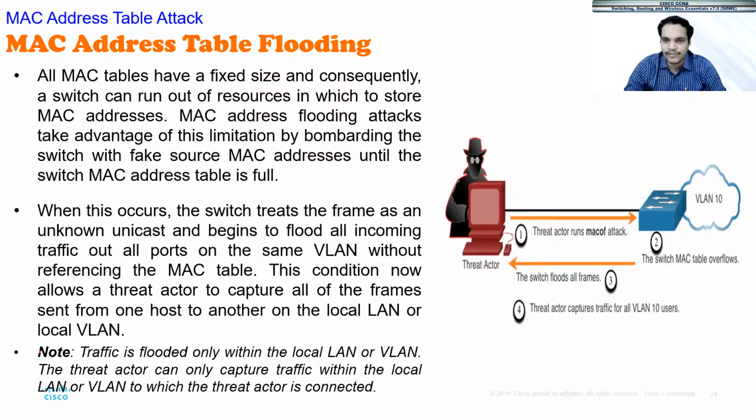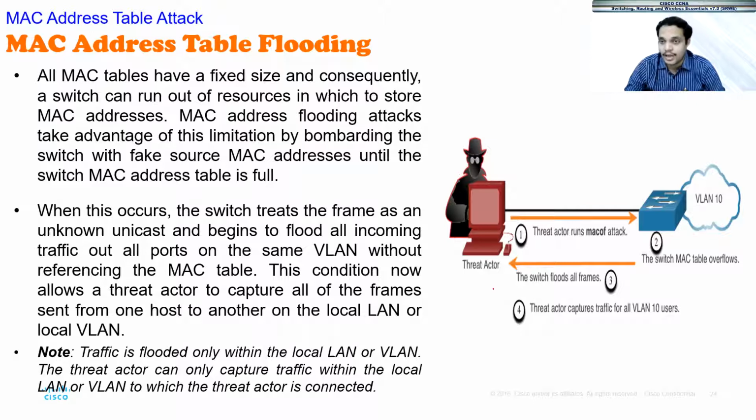Now, how is this beneficial to an attacker? This is the attacker, and he launches this MAC attack and sends a numerous number of frames to the switch. Ultimately, by the time the switch MAC address table is full, it starts forwarding traffic out on all ports. Earlier the switch only forwarded the traffic into VLAN 10, but now, because it is unable to use the MAC table since it's full, it starts bombarding traffic out on all ports.